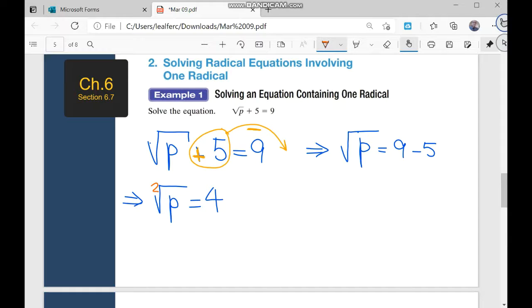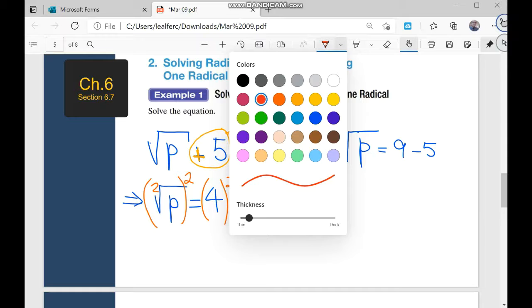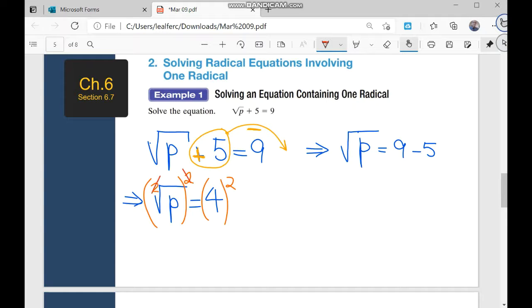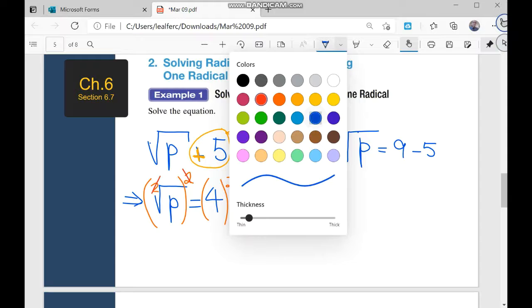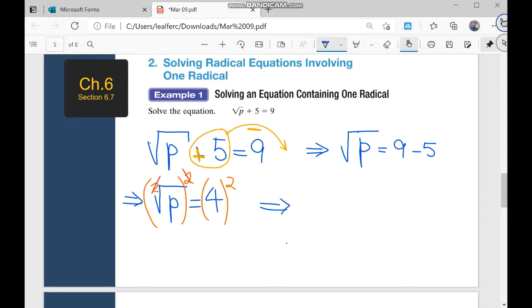So the index is 2. We're going to raise both sides of this equation to the power of 2, the square, because then we can simplify this square with the square root, and you have p equals 4 squared. What is 4 squared? 4 squared equals 16.